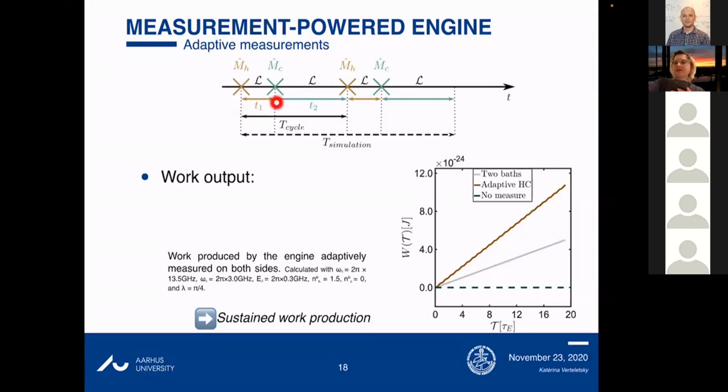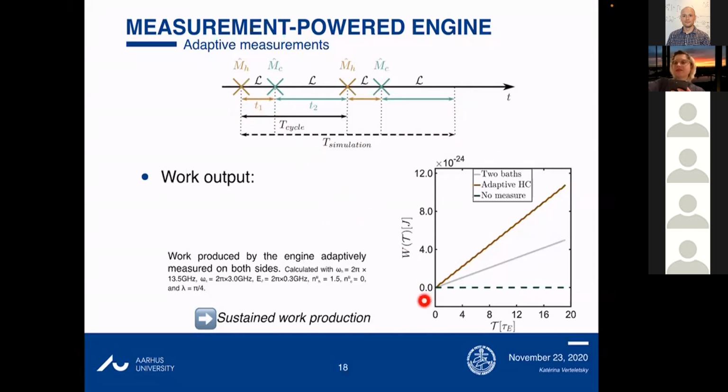And for the cold side, if it was de-excited, we would leave it alone, because that's the case that is preferable for current production or work production. But if it was excited, then we would measure it. And same as before, we would repeat that a certain number of times.